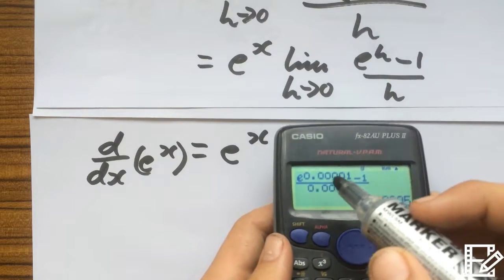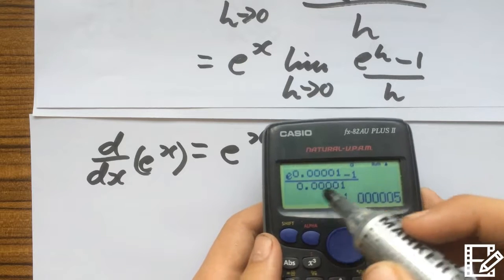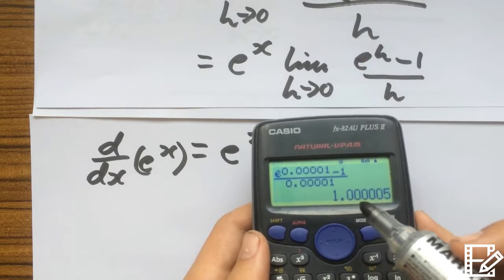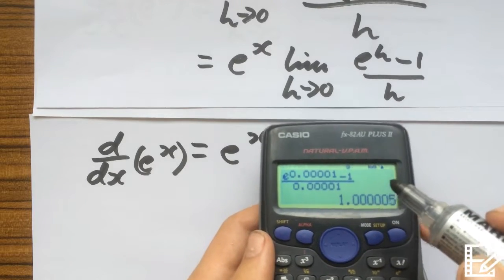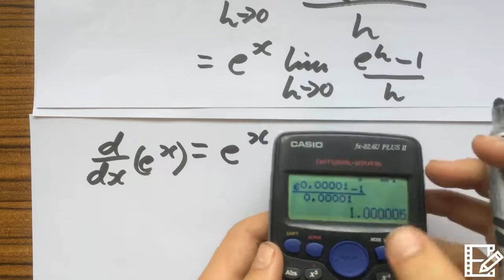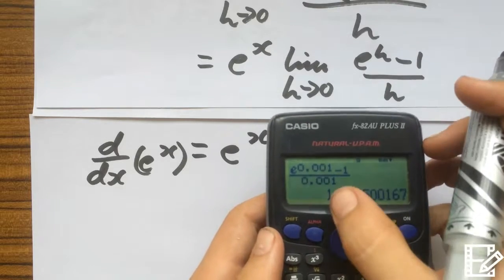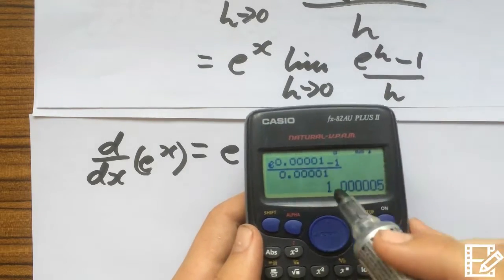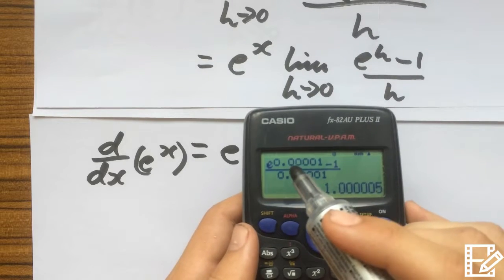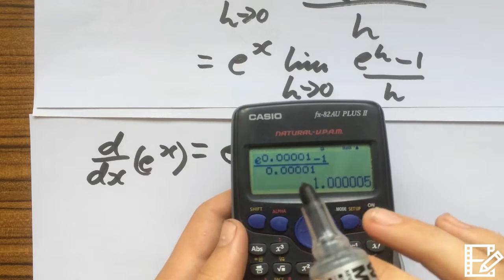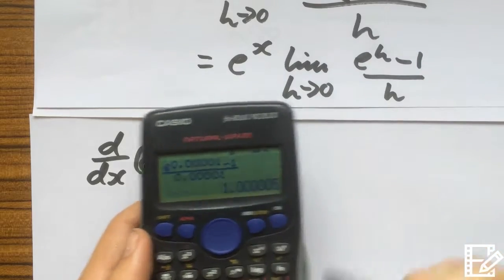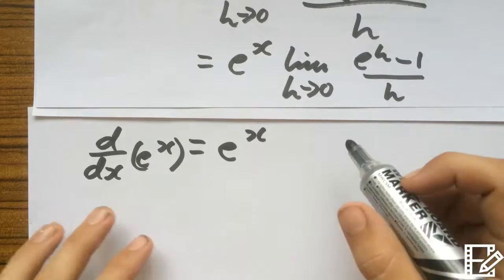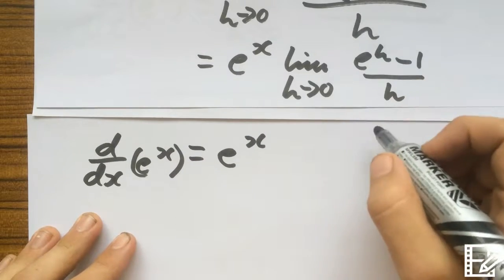Anyway, you understand that I've made h close to 0. It's a very small number, and it comes out as 1.000005. If I was to add another 0, it brings the 5 down, which means the more zeros I add, the closer and closer it gets to 1. Therefore, as h approaches 0, e to the h minus 1 over h equals 1.